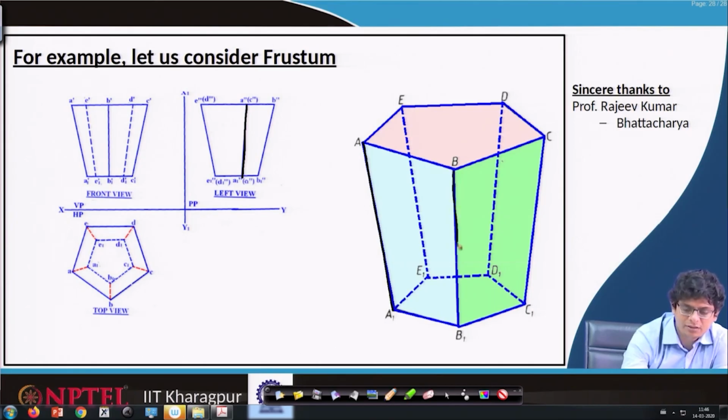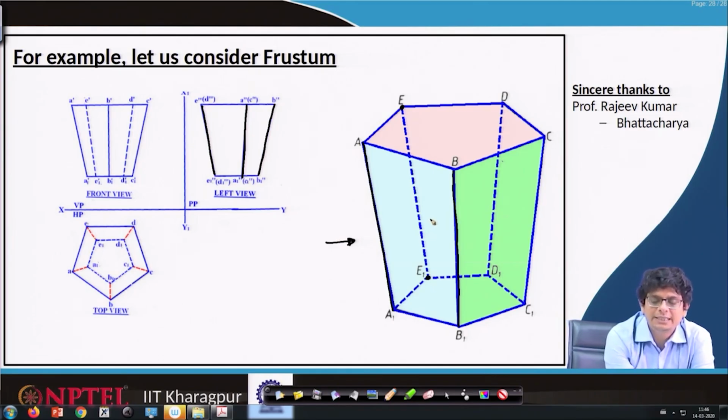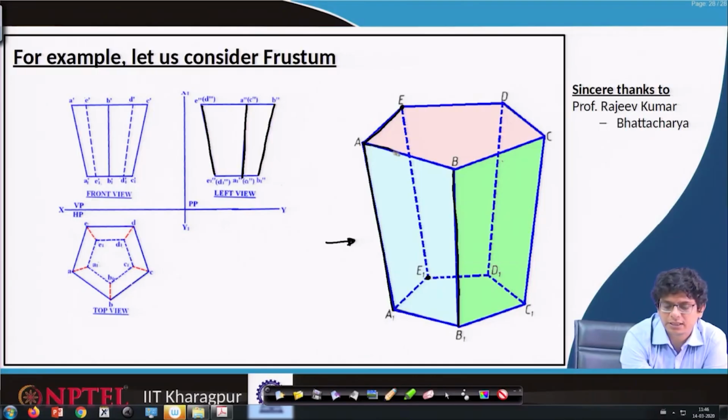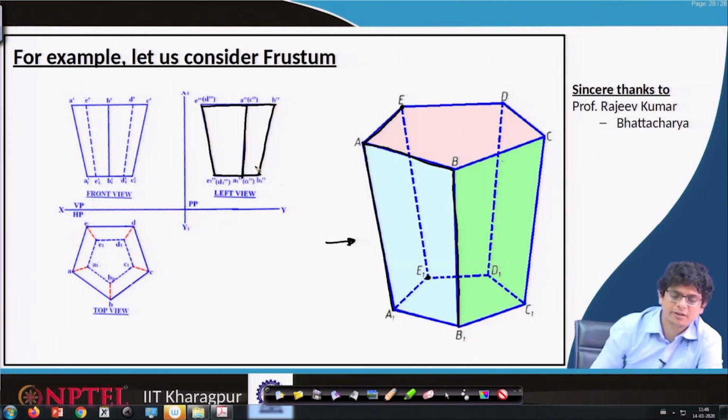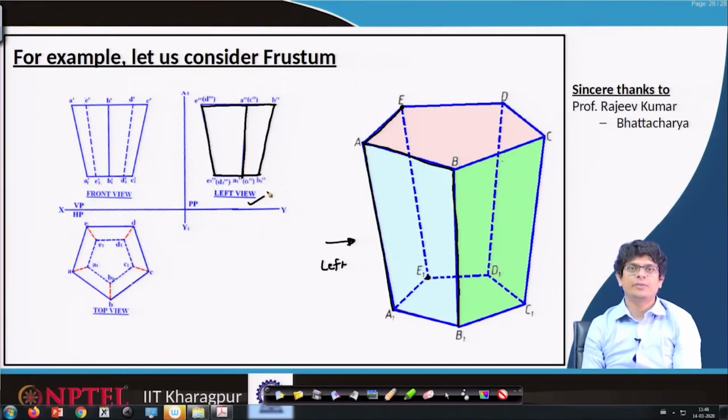This B1 will also be visible when we are looking from side view. Similarly, E to E1. Because it is a pentagon, naturally asymmetry is there in terms of this line. So, this AE line might be elongated and this AB line might be shortened, because we are looking from the left side view, which is on the profile plane.